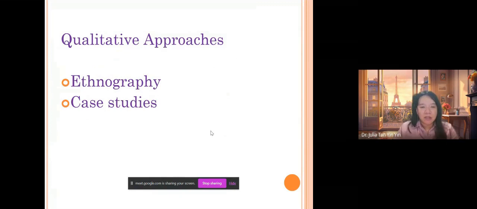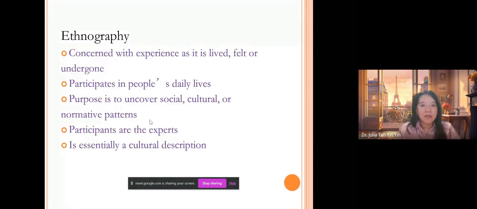These are two examples of qualitative approaches. One is ethnography, and another one is case study. What is ethnography? Ethnography is concerned with experience as it is lived, felt, or undergone. So it's an experience.